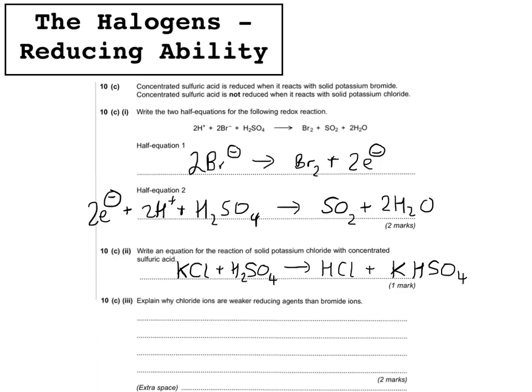And then it asks you to explain why the chloride ions are weaker reducing agents than the bromide ions. So to get the 2 marks here, remember, if something is a reducing agent, then it's being oxidised itself.